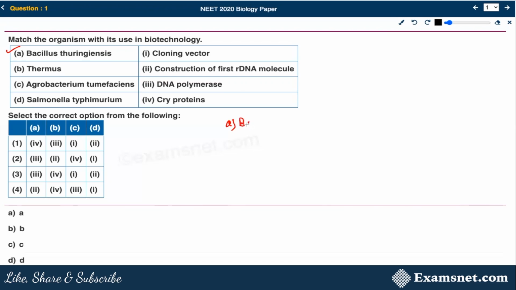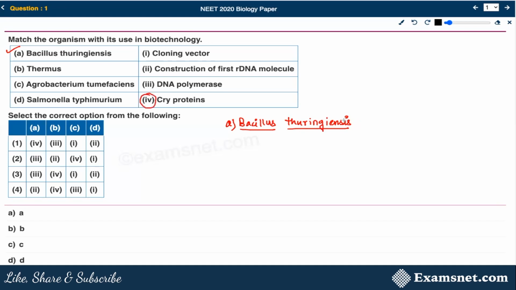This Bacillus thuringiensis is prominently and commonly used as a source of cry protein, which is the fourth option here.